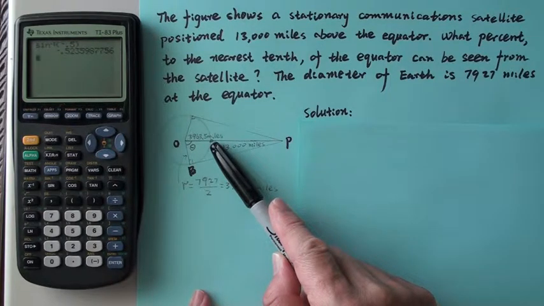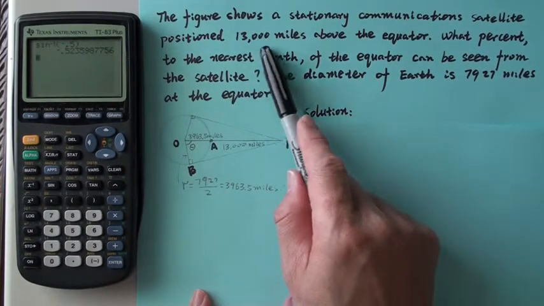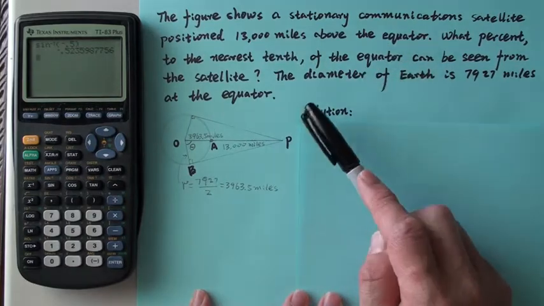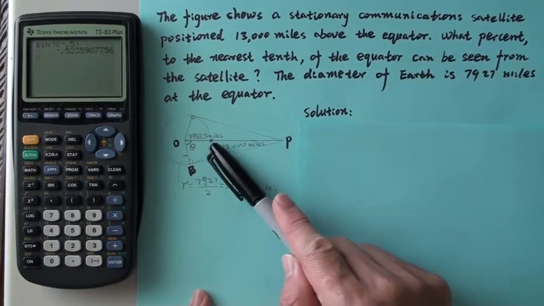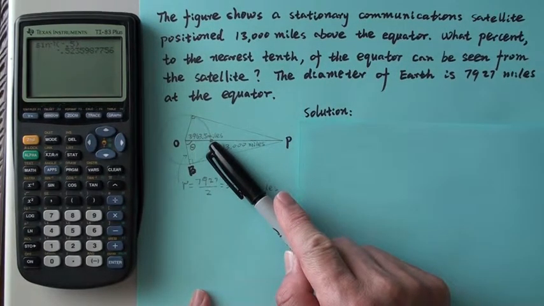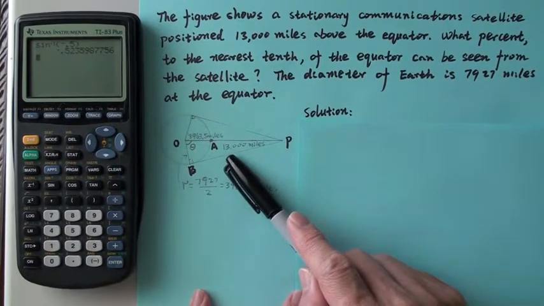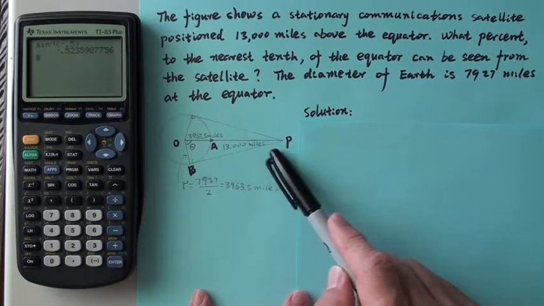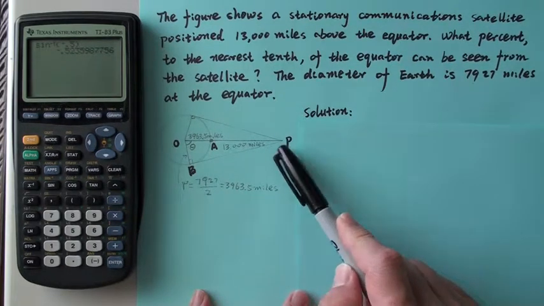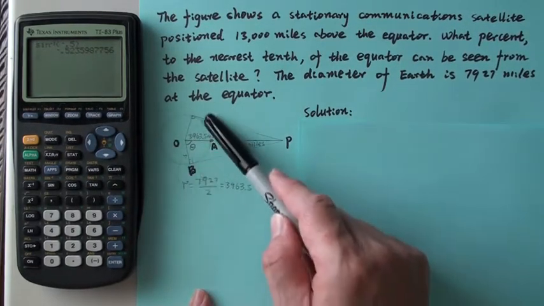That's the meaning of 13,000 miles above the equator. From A to P we know is 13,000 miles. Now this is the equator.